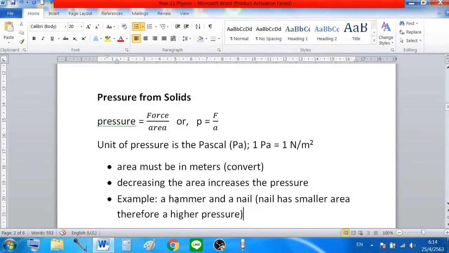If I bang a hammer on a table, nothing happens. I mean, I may dent the table depending on how hard I hit it. But a nail has a very small area at the tip. So this area becomes much smaller, and the nail has a higher pressure. It goes right into the wood. So decreasing the area increases the pressure.